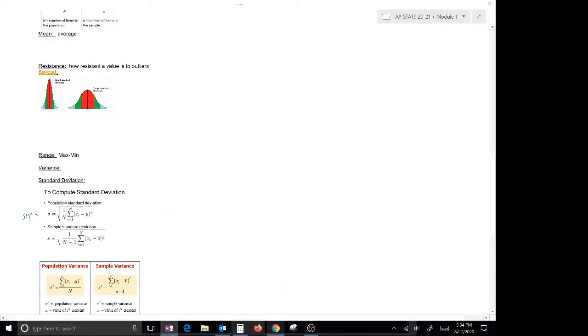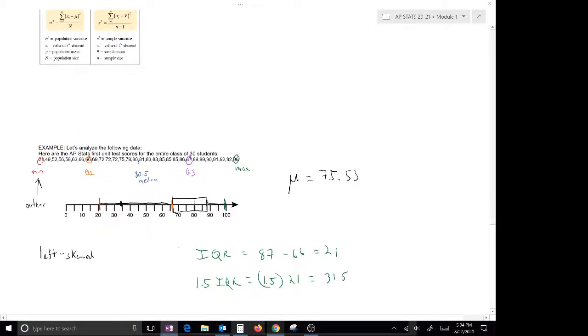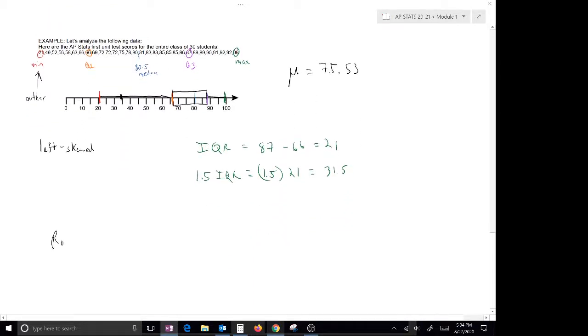Last one, spread. Well, our range is our max minus our min. So our range would be 99 minus 21, which equals 78.